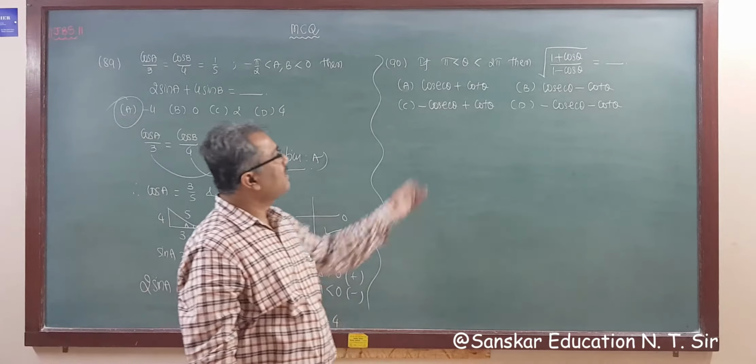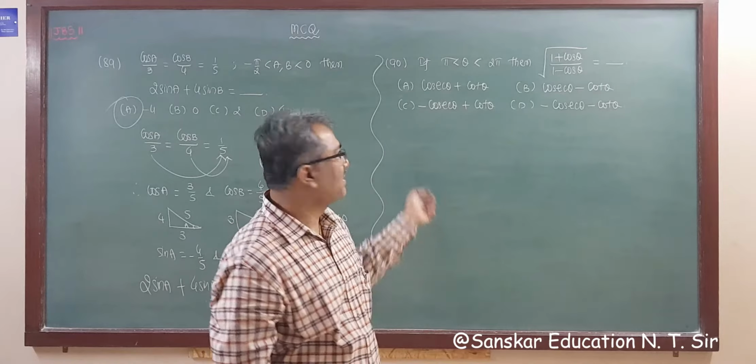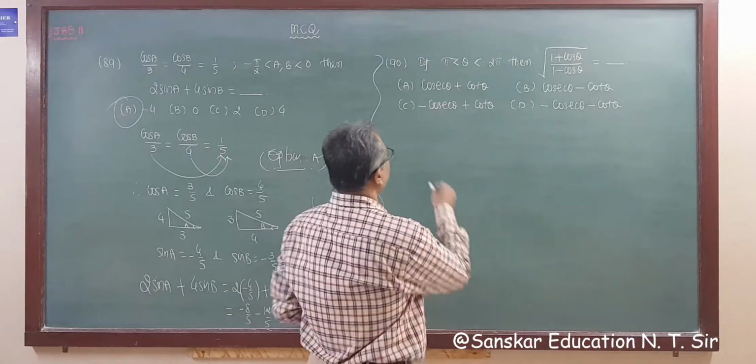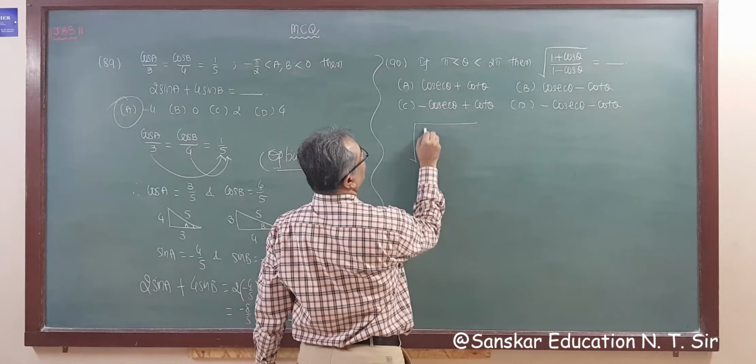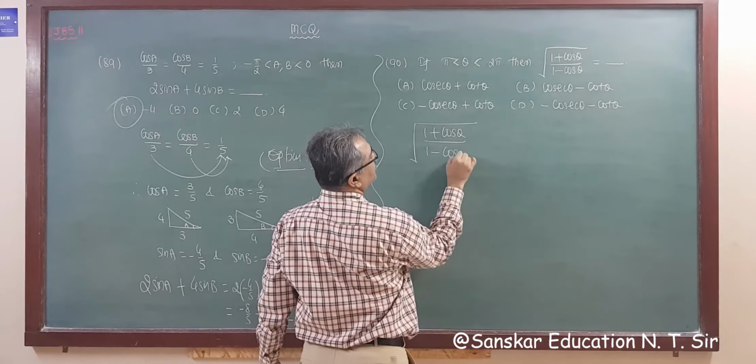Now this. You learn this type of question in 10th standard, but this condition is new for you. So it is given square root of 1 plus cos theta upon 1 minus cos theta.